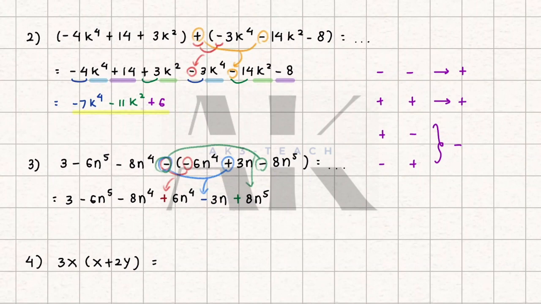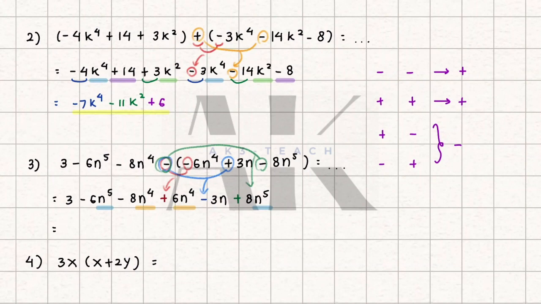So let's see, what will we combine here? We are having n to the power of 5 here and here. Then we're having n to the power of 4 here and here. And I think that's it. We don't have any other thing to work on. So for n to the power of 5, we have negative 6 plus 8.